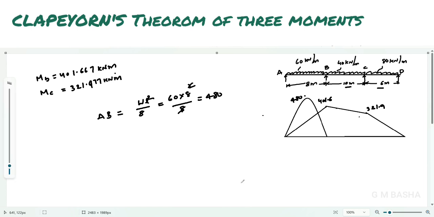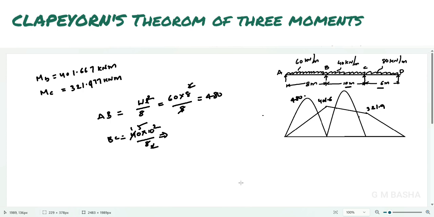Okay, which is higher than this 401. Similarly, again for BC, what you will do, 40 into 10 square by 8, 1 times, 2 times, again 5. How much you will get? Around 500 kilonewton meter. So which is higher than this one? That one will be 500 kilonewton meter.